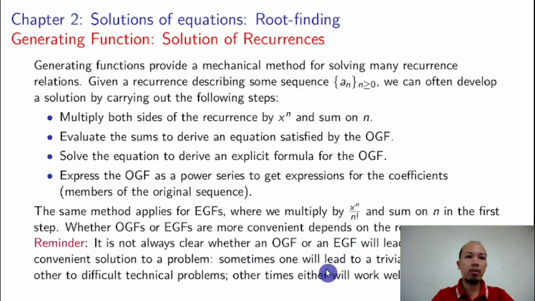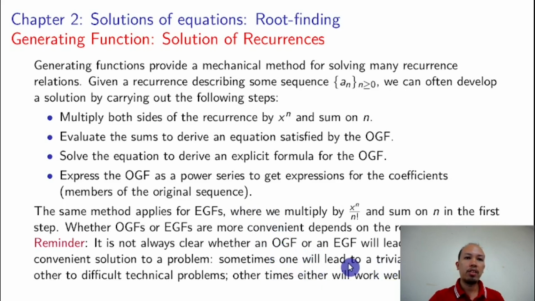It says here sometimes one will lead to a trivial solution and the other to difficult technical problems. Other times either will work well. So maybe if you use OGF, the given recurrence will be hard to solve and easy for EGF, or maybe easy for EGF and hard for OGF. So what you will do is practice. Try at least 100 problems so that you may be well versed.